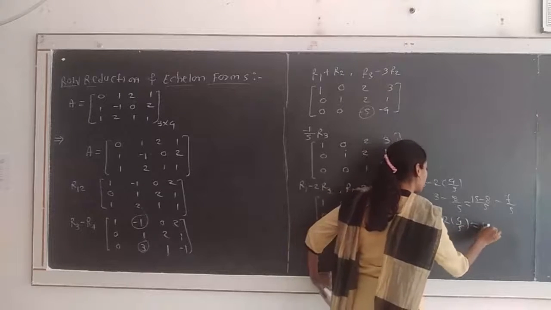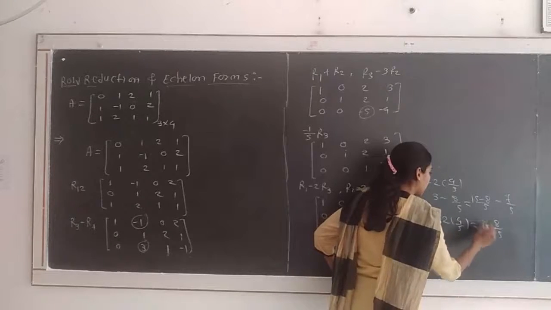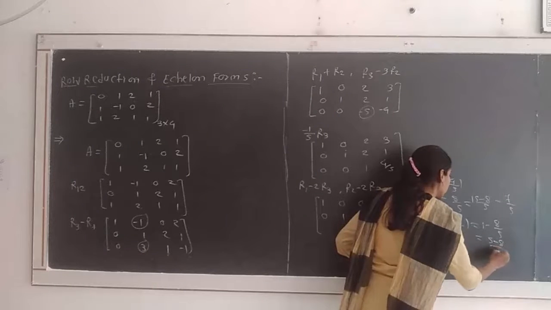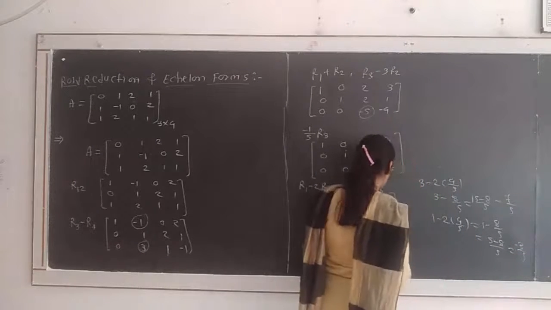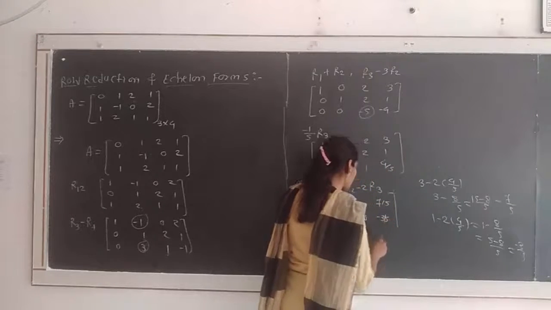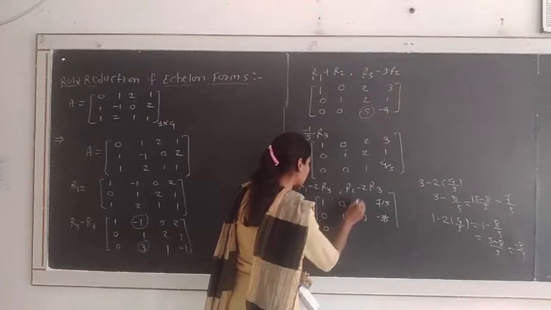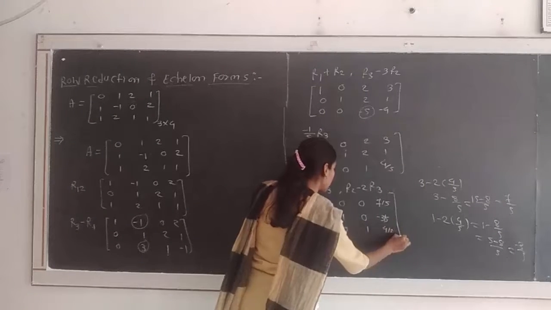Again here we get 1 minus 8 divided by 5. By cross multiplication we get 5 minus 8 divided by 5, so 5 minus 8 is minus 3 divided by 5. Then the third row will be as it is: 0, 0, 1 and 4 divided by 5.